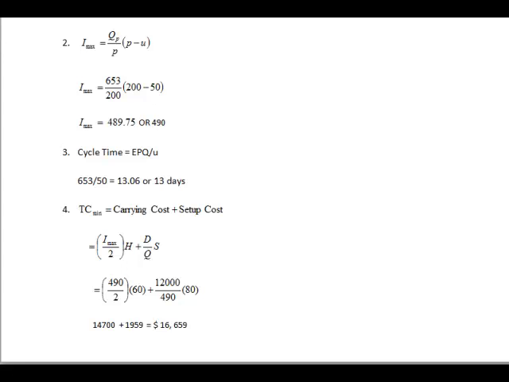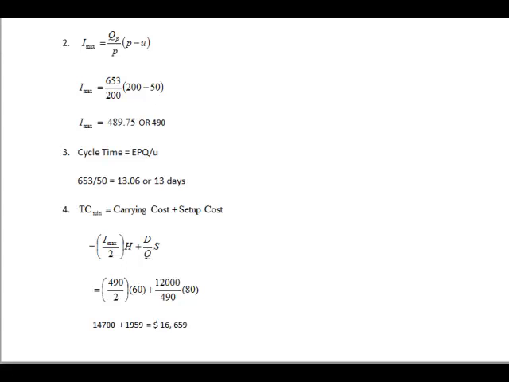So substituting the values, doing the calculations, our maximum inventory of this particular pair of shoes will be 489.75, or we'll just round that up to 490 pairs of shoes. That's the maximum inventory that we achieve, and then we start using up that inventory until we get down to zero, and then we start all over again and we start producing shoes again.